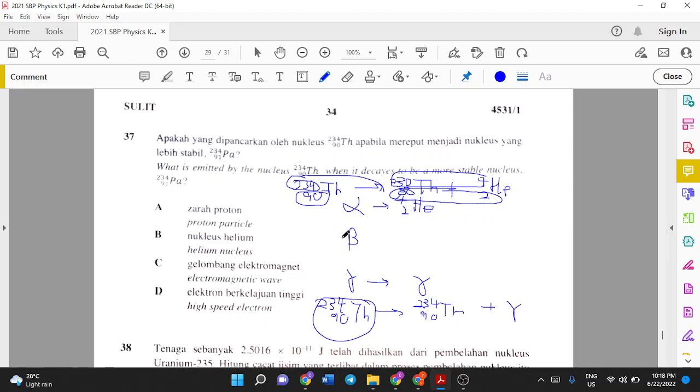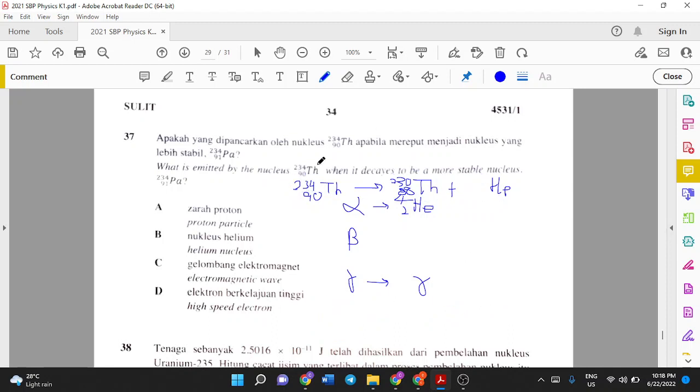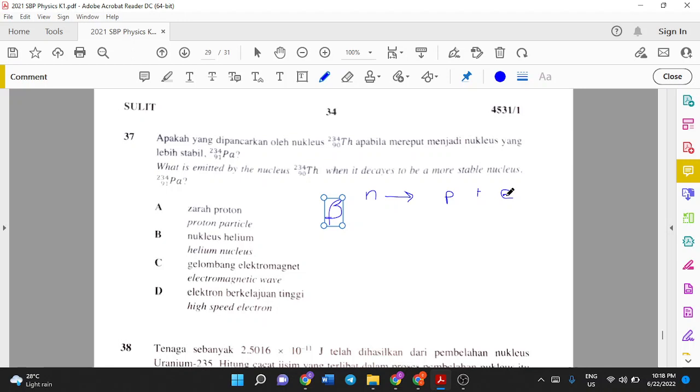In beta decay, a neutron decomposes into 1 proton and 1 electron. 1 neutron becomes 1 proton and 1 electron.